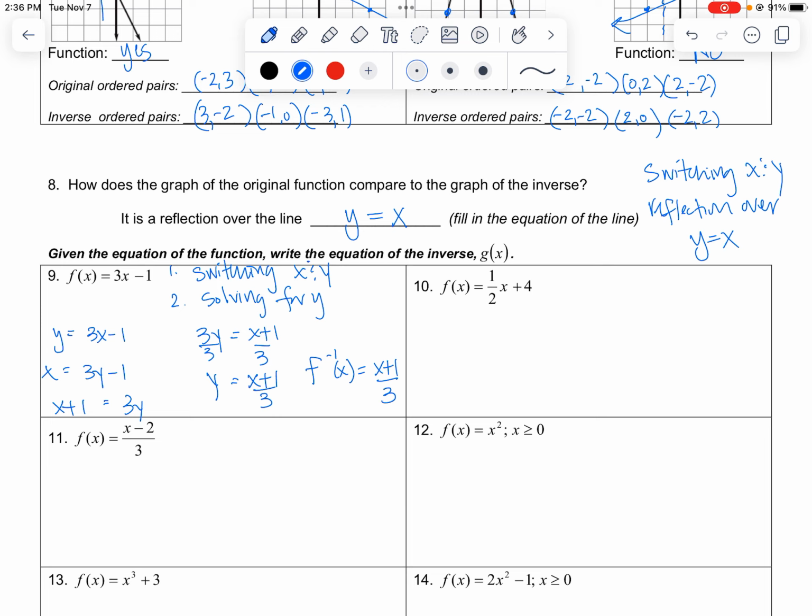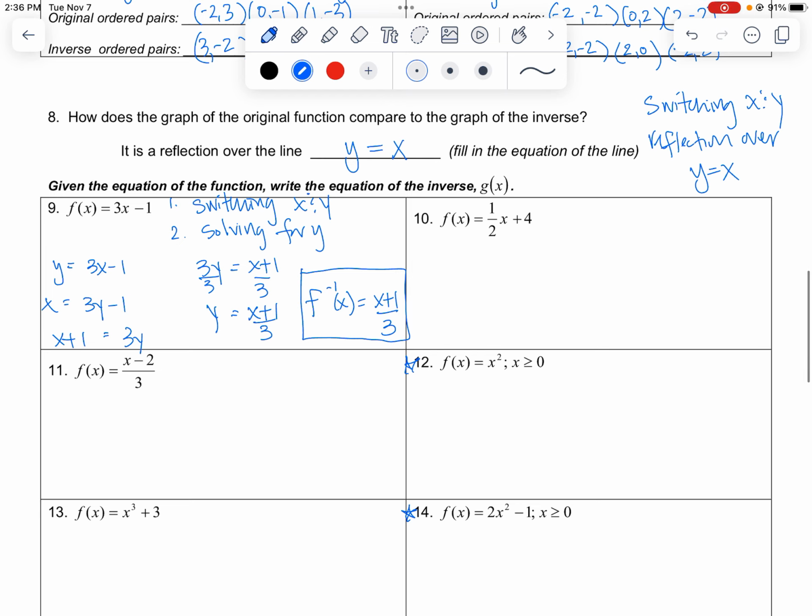Okay, you'll see in 10 and 11, pretty straightforward, switching the x and y values and finding the equation for the inverse function. In 12 and 14, there is a domain restriction for the very reason that if you think about what x squared looks like, it won't pass a horizontal line test. It'll pass a vertical line test, so it's a function, but it won't pass a horizontal line test, so its inverse won't be a function.